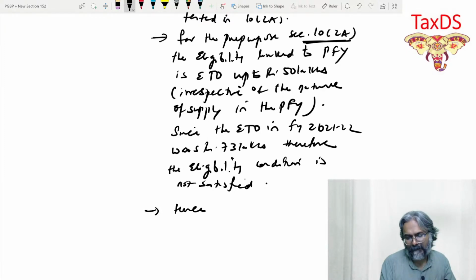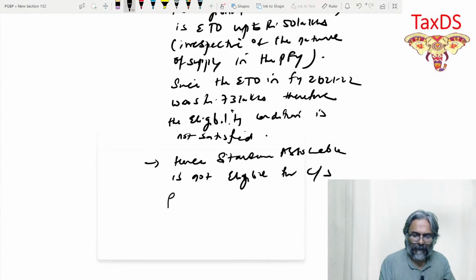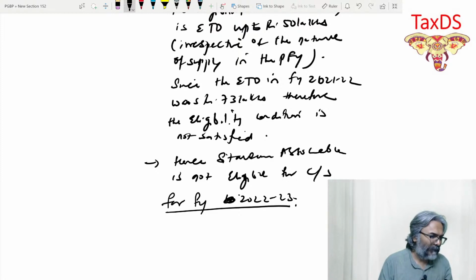Hence, Sitaram Associate is not eligible for composition scheme for financial year 22-23. For financial year 22-23.